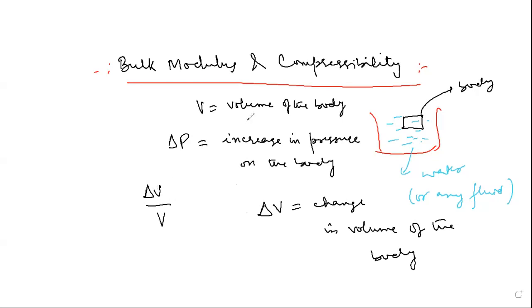Delta V is change in volume, V is its original volume. So we call this the fractional change in volume of the body. Since delta V will be negative, when we take that into consideration, it will be fractional decrease in volume of the body.